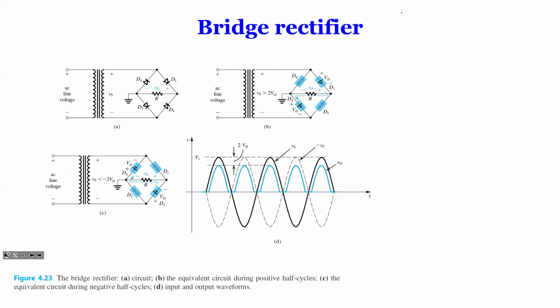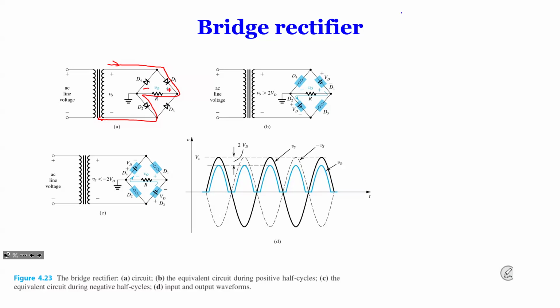So for the bridge rectifier, when voltage is positive, the current flows through two diodes and through the resistance. So you have positive here, negative here.